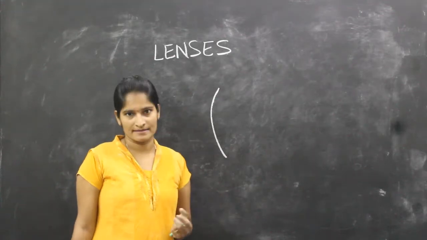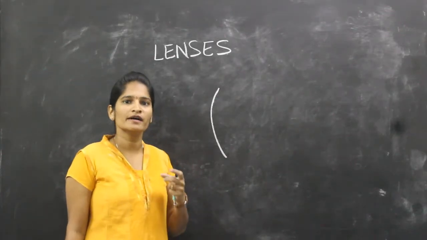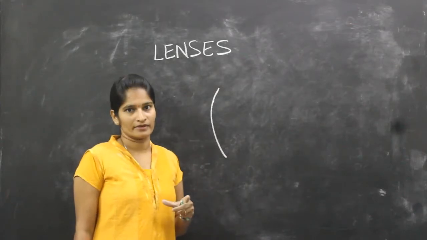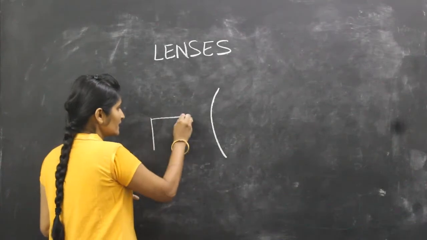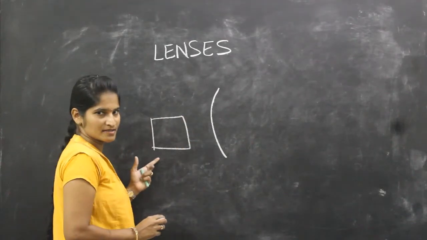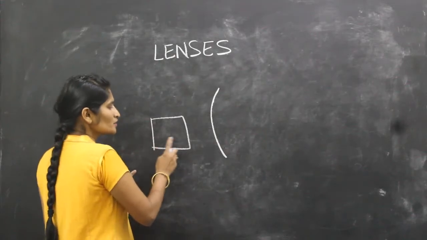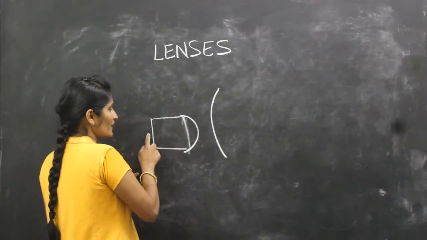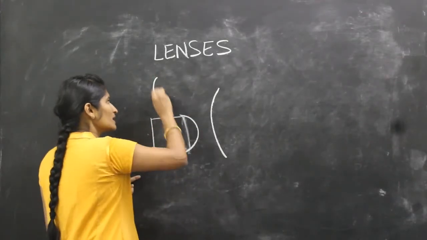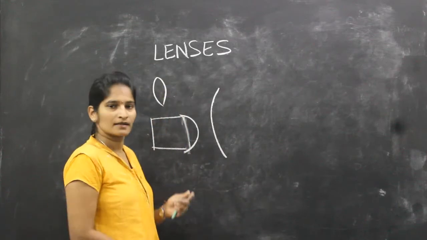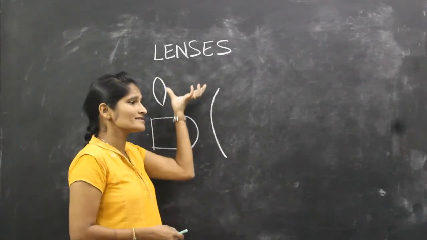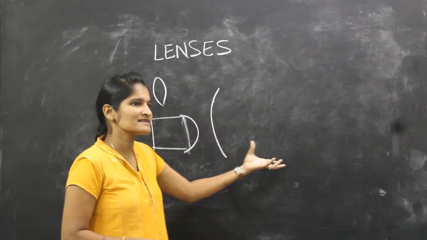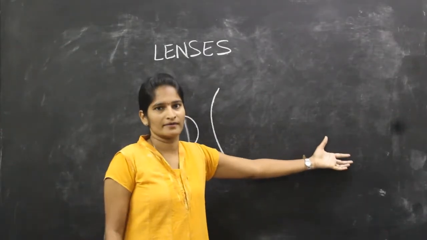So what is a lens? A lens is a transparent material which has one or both surfaces curved. Generally, this is a plain surface. A lens has two surfaces: either one may be curved and one plain, or both may be curved surfaces. So the definition of a lens is: a transparent material which has one or both surfaces curved.